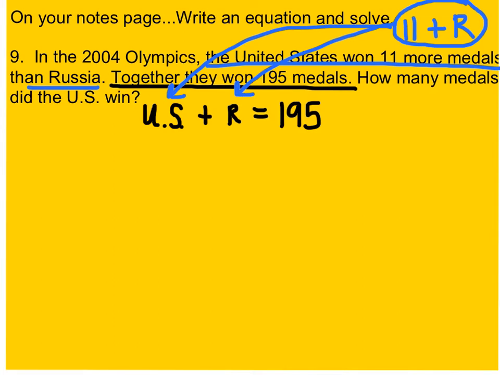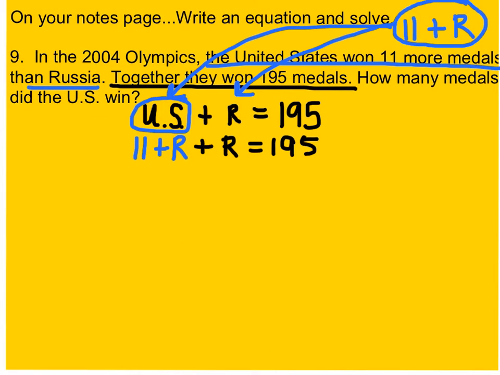It said the United States won 11 more than Russia. So that means instead of the letters U.S., we're going to go ahead and put in 11 plus R. Once we have that into our equation, now we're going to bring down the rest. So we have a plus R and an equals 195.